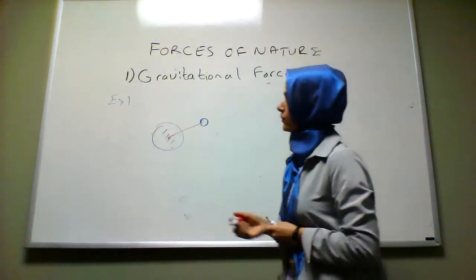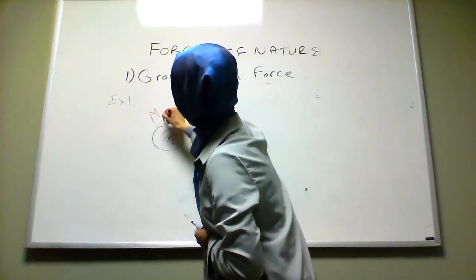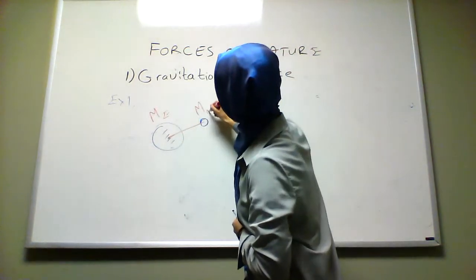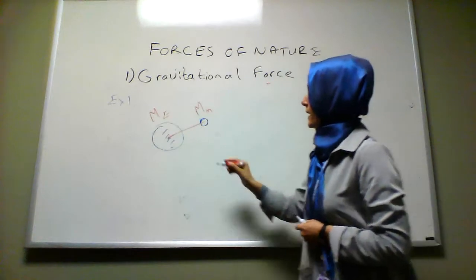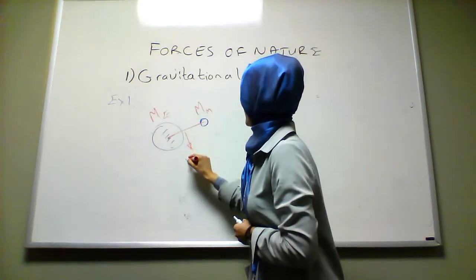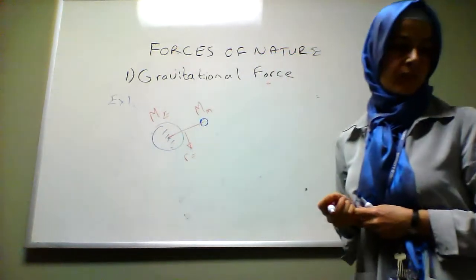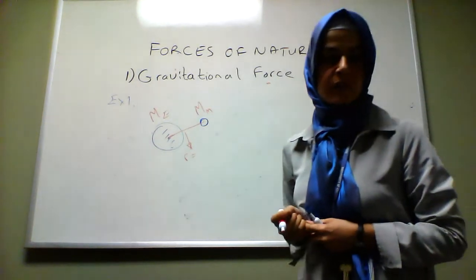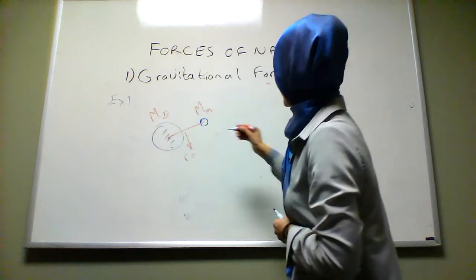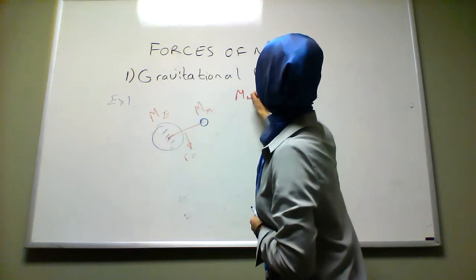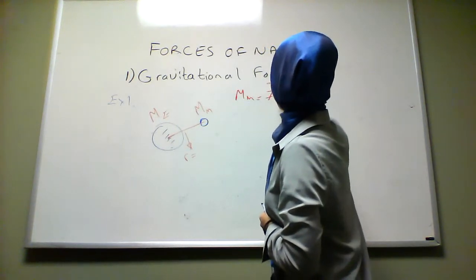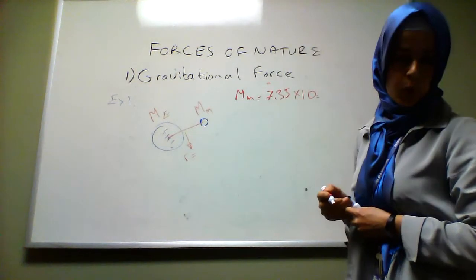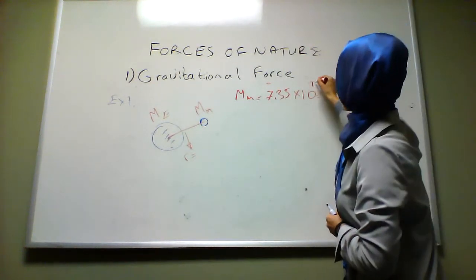I'm going to call the mass of the Earth M Earth, and the mass of the Moon M Moon, and the distance between them r. So the mass of the Moon is equal to 7.35 times 10 to the 22 kilograms.